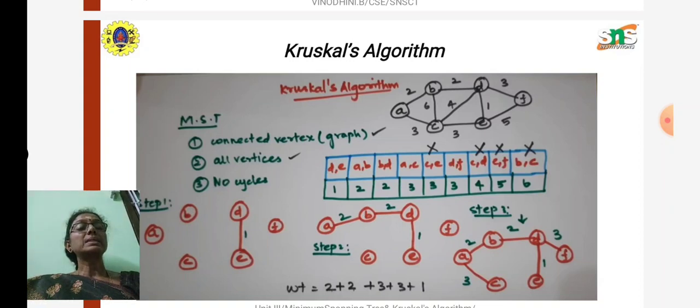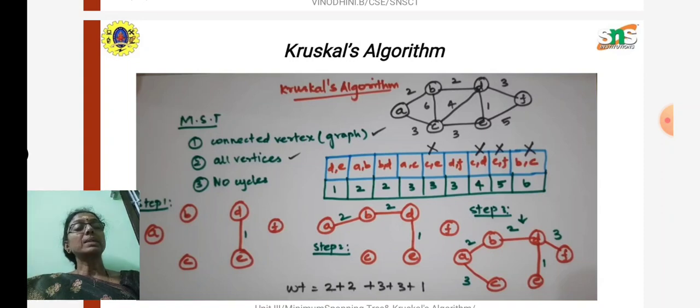Then the next is D to F, so form the edge D to F. Another one is C to D. When you connect C to D, it forms another cycle, so reject that edge.